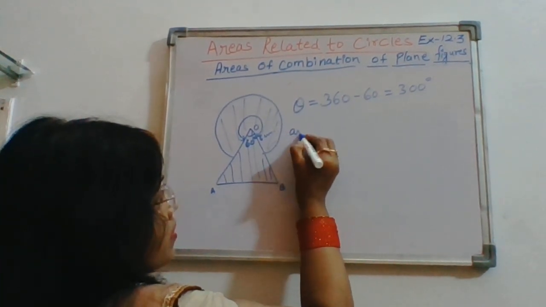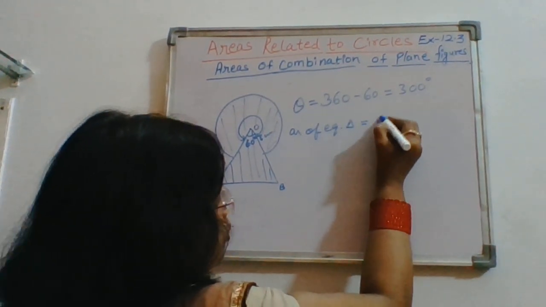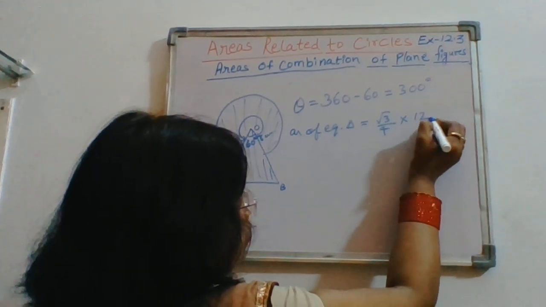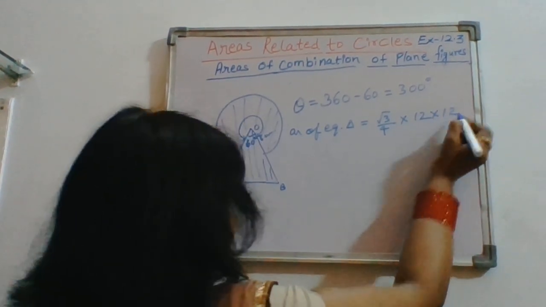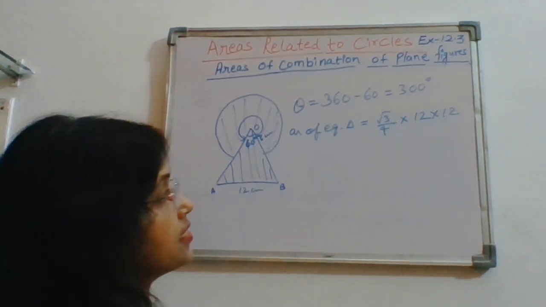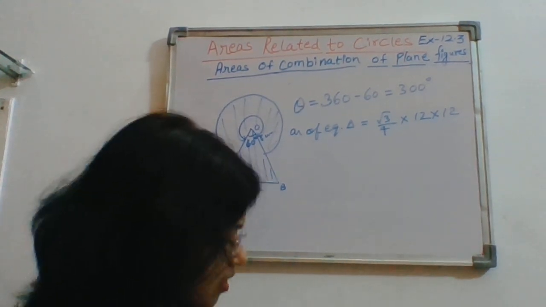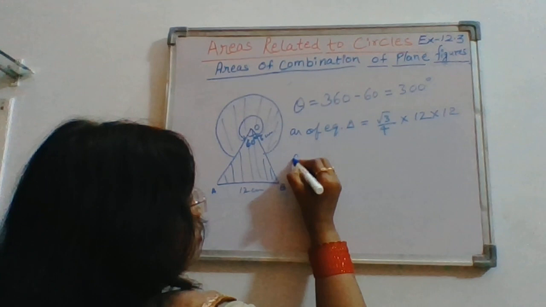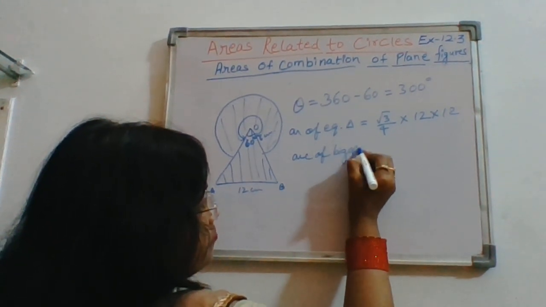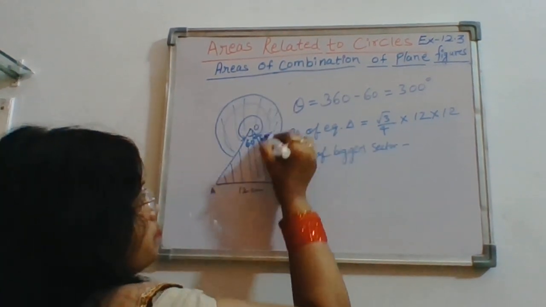So area of equilateral triangle will be root 3 by 4 side square. Side is given to us, 12 into 12. Side is given in the question that the side of the equilateral triangle is 12 centimeter. So you can calculate this, and then area of bigger sector, because we need the area of this bigger sector.